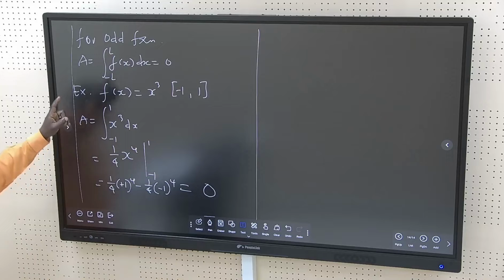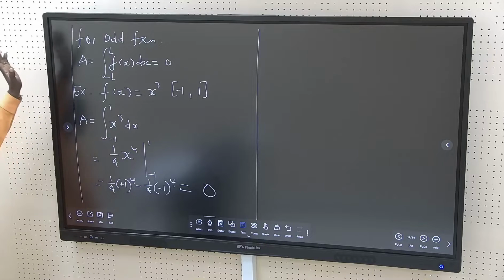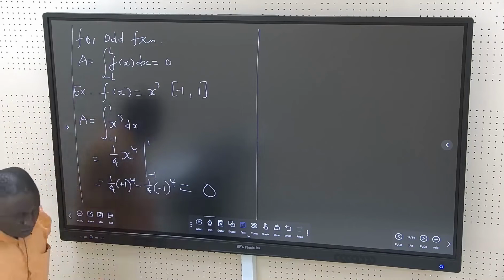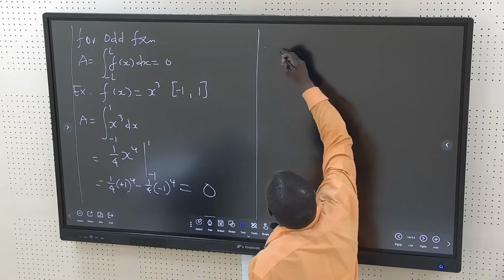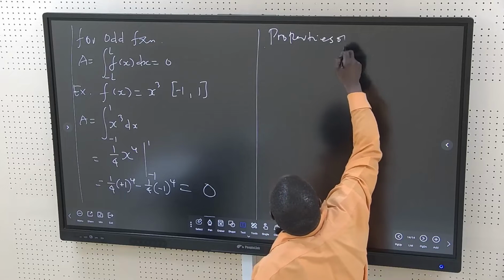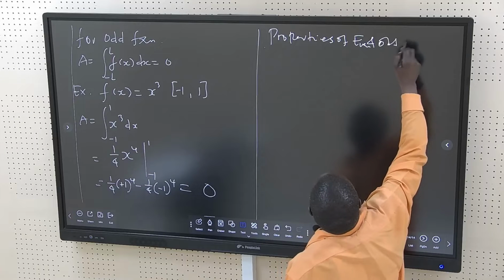So for odd functions, the area over the symmetric region is 0, and for even functions, the area is twice the area over half the region. And this is the fourth property. Remember, we discussed the 3 properties of even and odd functions.